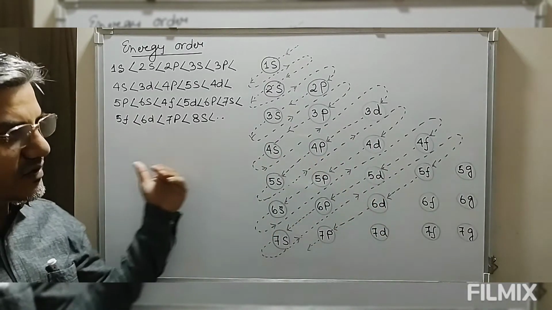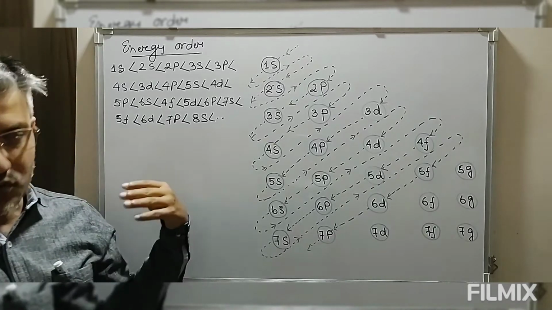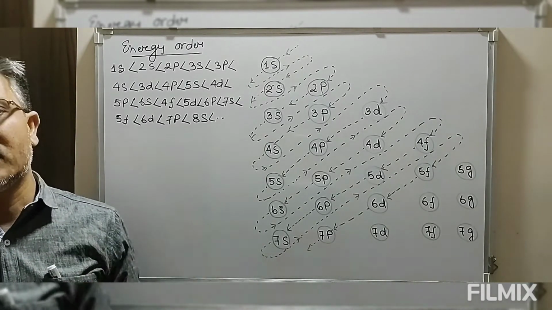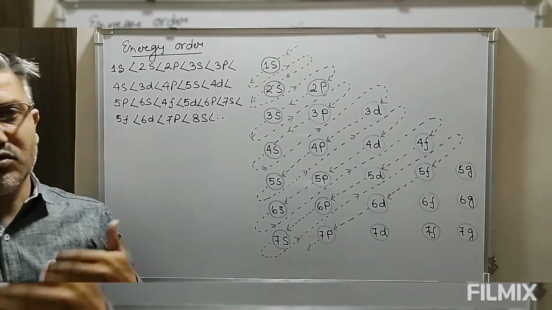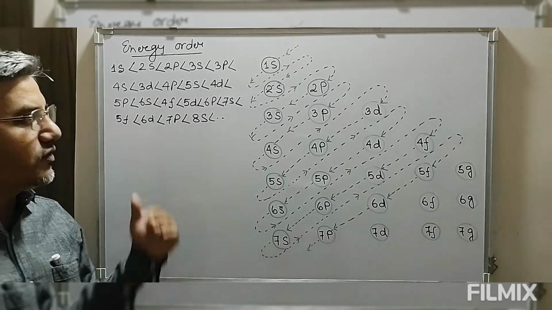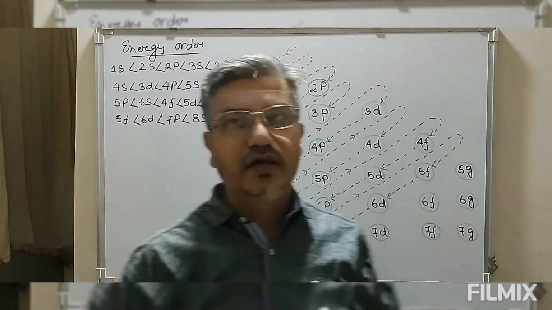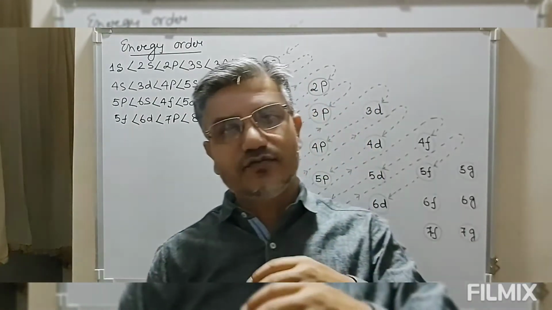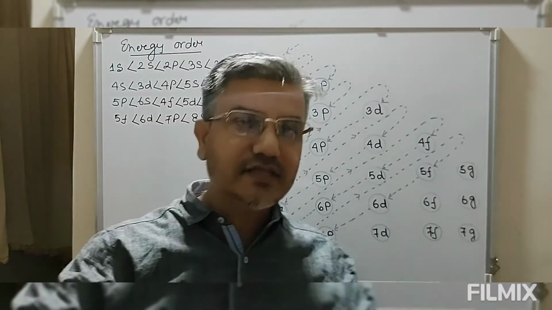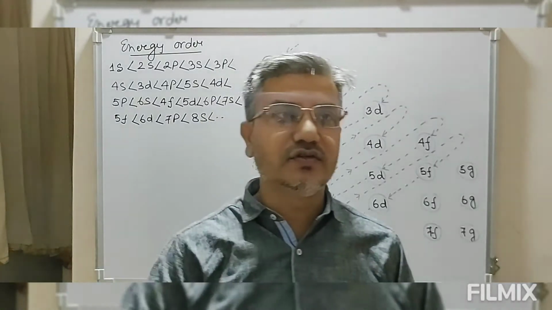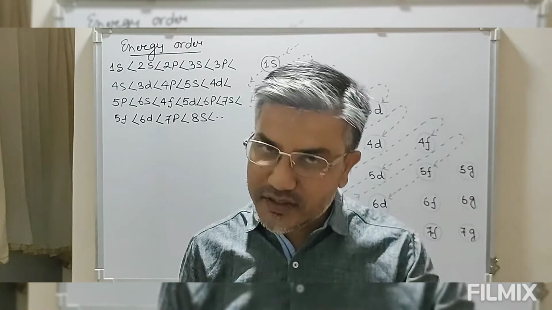So this is what we call the Aufbau principle. This rule simply says that while filling up electrons, one has to follow the energy order of various atomic orbitals. The lower energy orbital is filled first, followed by the next higher energy orbital. Now the question is, how many electrons can be placed in any particular orbital?